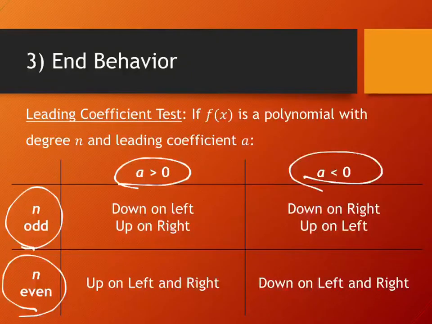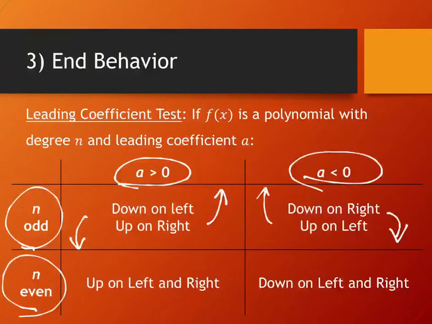If your coefficient is positive, it goes up on the right and down on the left. If your coefficient is negative, it goes down on the right and up on the left. So it just flips. Negatives, we know, take a graph and reflect it. So that's what's happening when I have a coefficient at the very beginning of my function that is negative versus positive.